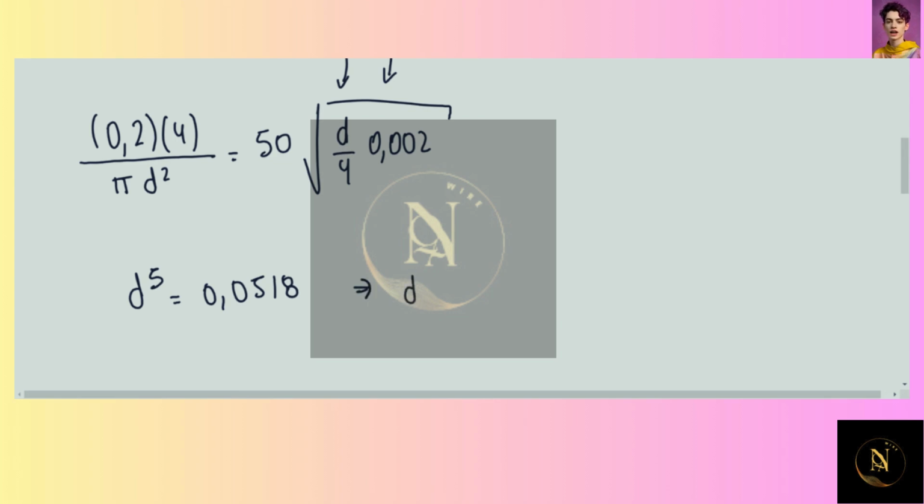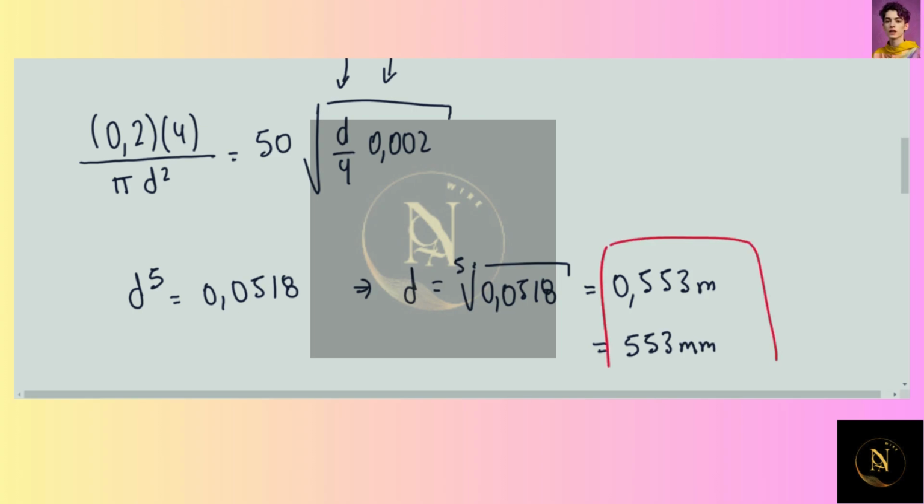Then if we take the fifth root of both sides of this expression, we obtain a diameter of 0.553 meters, which we can also answer in millimeters as 553 millimeters. So that's the solution for this problem.